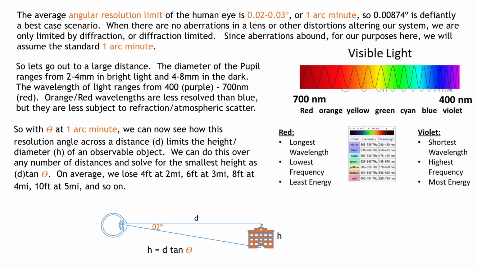And so those reds are less resolved, but the lower wavelengths also travel longer within larger amounts of atmosphere to reach our eye. The blues and the higher wavelengths get scattered out and they don't reach us, but we still see within the higher wavelength light range.